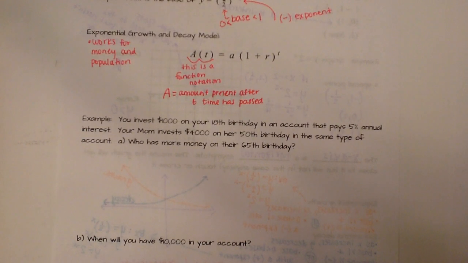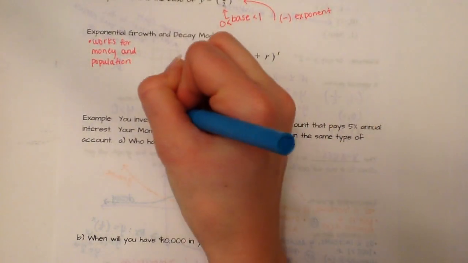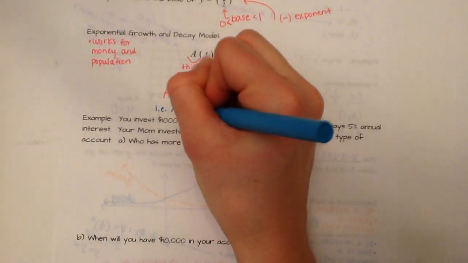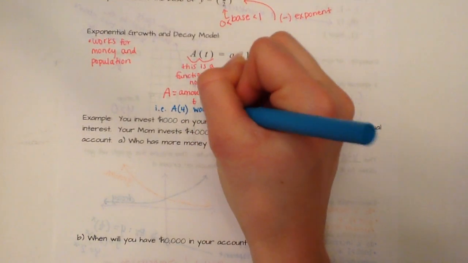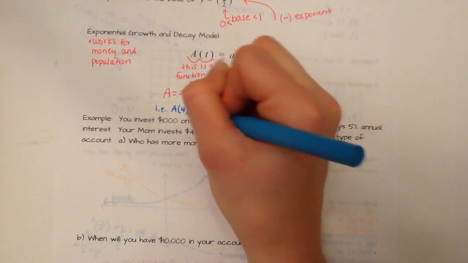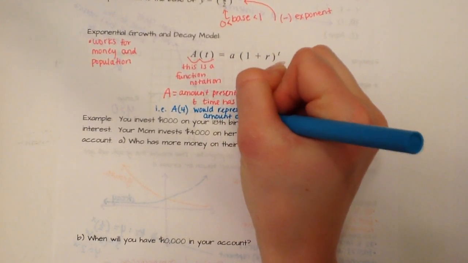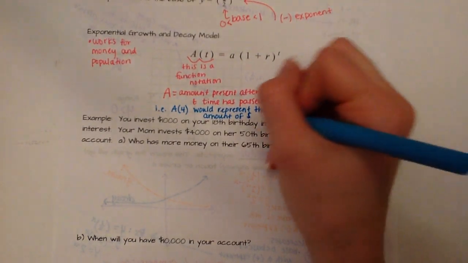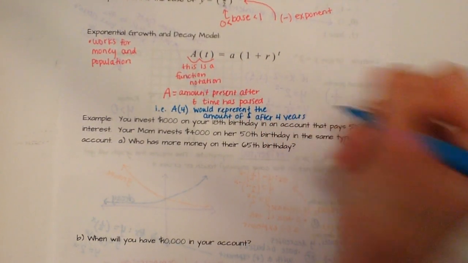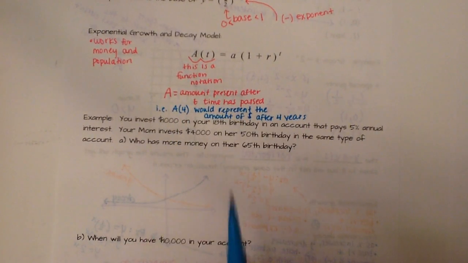So what that means, if you have A of 4, that would represent the amount of money after 4 years. So the amount of money after 4 years.